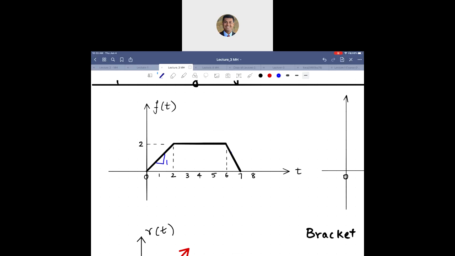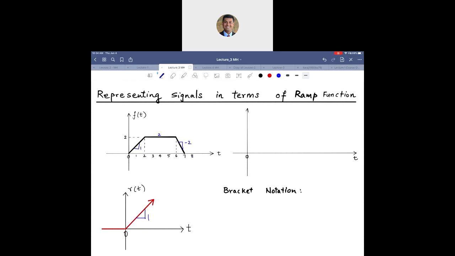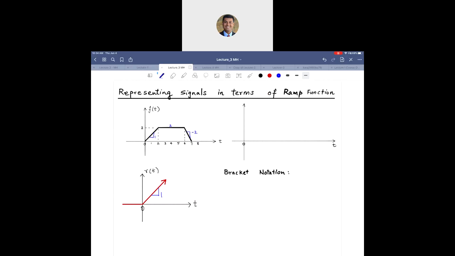And over here, it is decreasing linearly with a slope of what? -2, because the change in y is 2, while the change in x is from 6 to 7, so just 1. Between the time 2 and 6, it is constant, simply 2 there. So our goal is to represent this f of t using ramp functions, or r of t's.